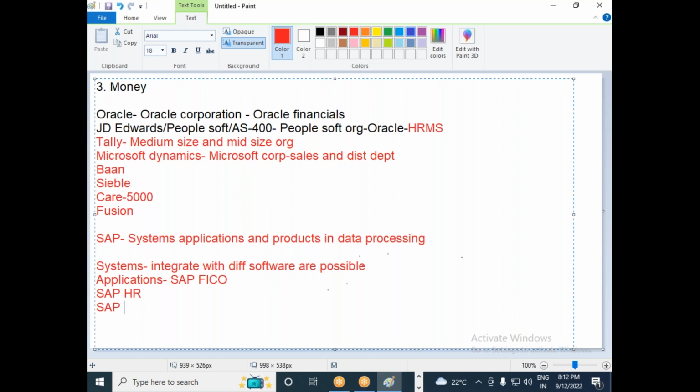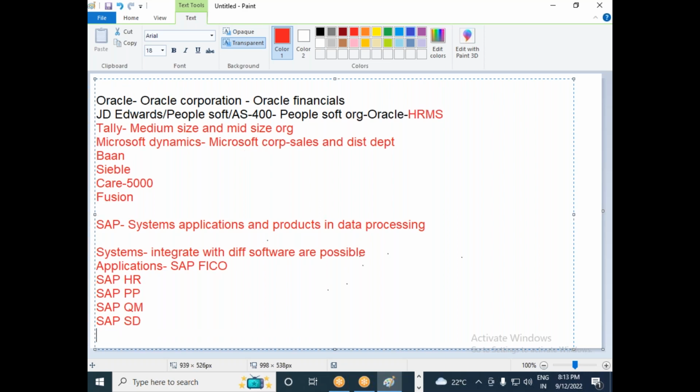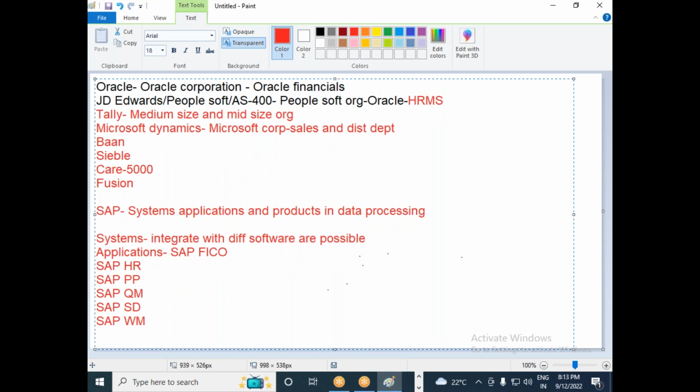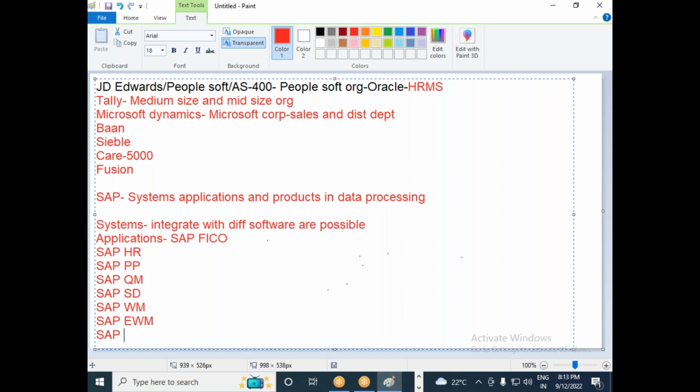SAP production planning, SAP quality management, SAP sales and distribution, SAP warehouse management, SAP extended warehouse management. We also have SAP MM.